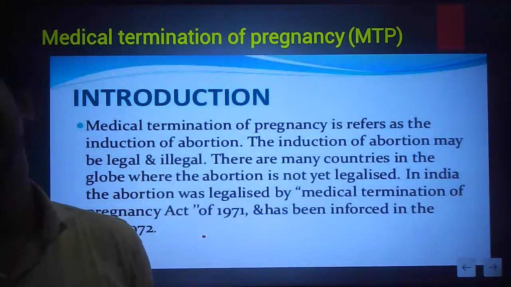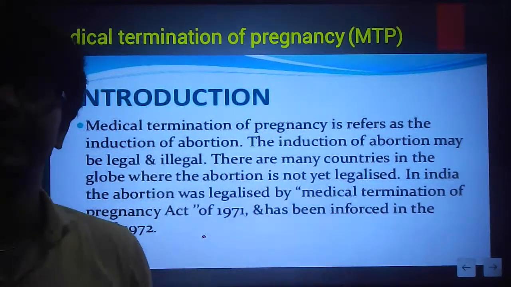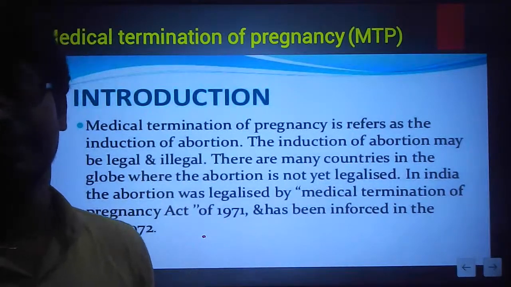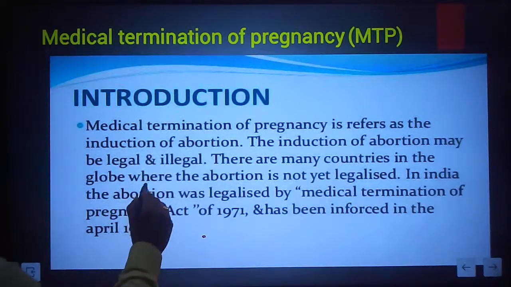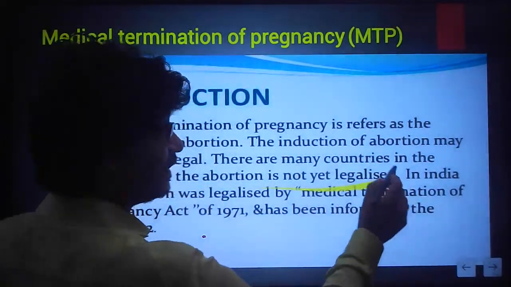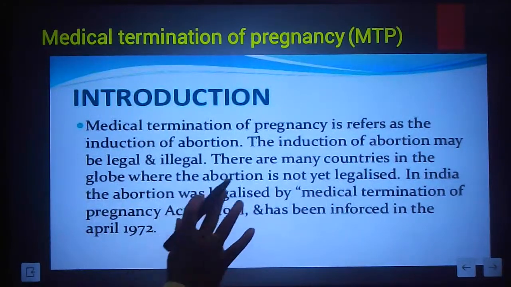For that, sometimes the medical termination of pregnancy is done illegally under the guidance of a medical practitioner or gynecologist. There are many countries in the world where abortion is not yet legalized, and illegally they are doing this type of abortion.